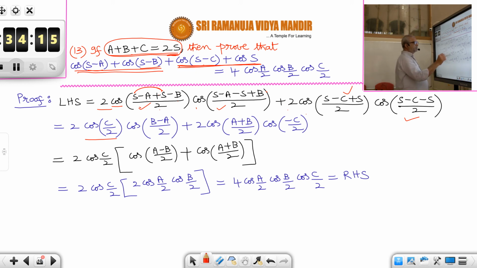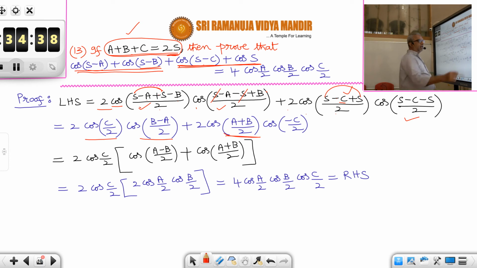Next here, s gets cancelled. Okay, b minus a, so cos b minus a by 2. That is also okay. Here, s plus s, 2s minus c. What is 2s minus c from this? A plus b. So a plus b by 2, so cos a plus b by 2.